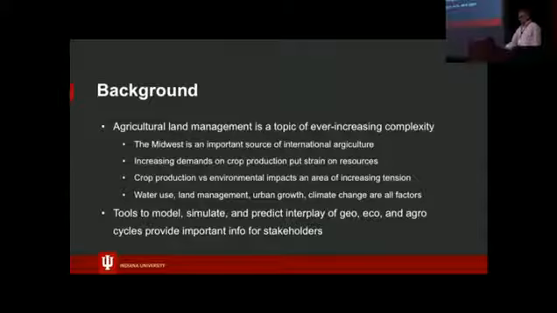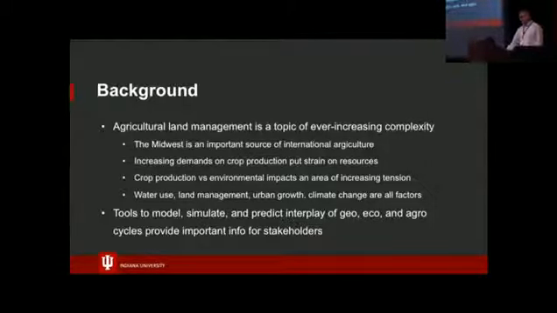So the agricultural land management topic is clearly one of ever-increasing complexity. There's only so much farmable land within certain parts of the United States, just as an example, and how that gets managed is a topic that is becoming more and more challenged by the many people who are stakeholders in that.